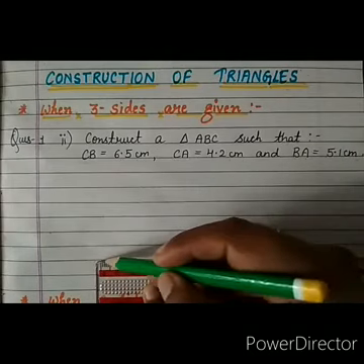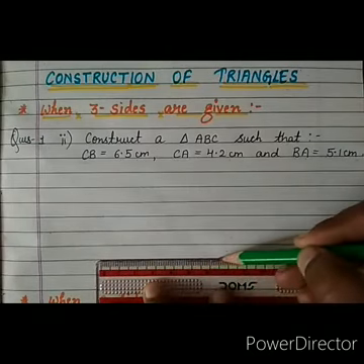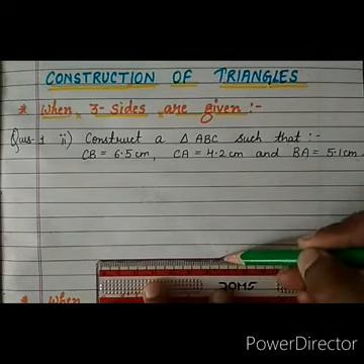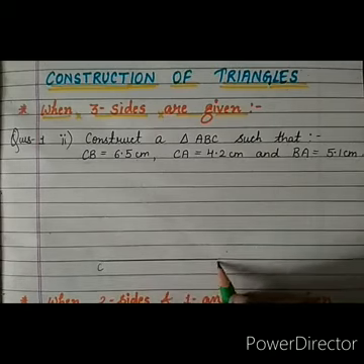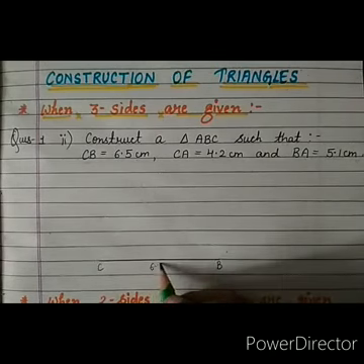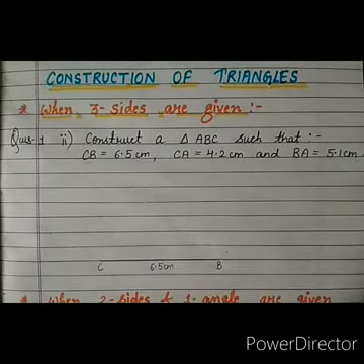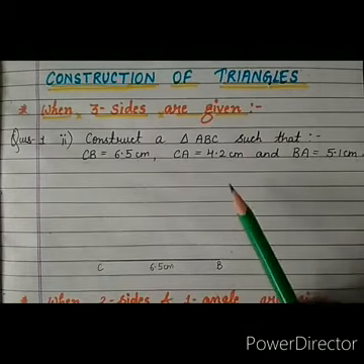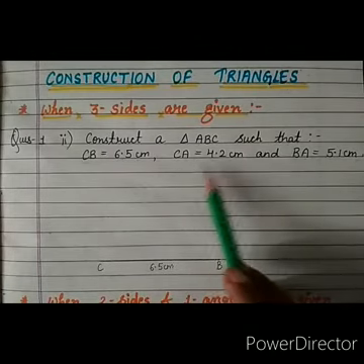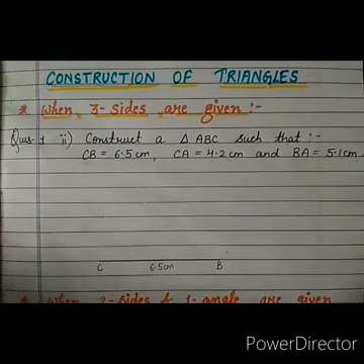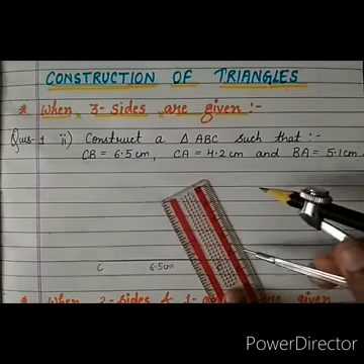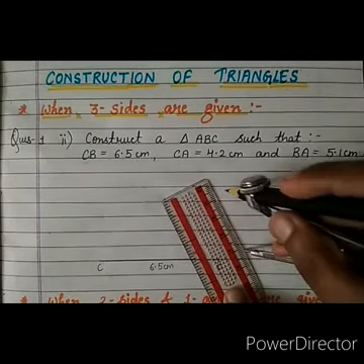This is 6.5 centimeter, and this is the base of the triangle, and name it CB, which is 6.5 centimeter. Now in order to draw the other two sides of the triangle, we have to measure 4.2 centimeter with the help of compass and ruler in this way.